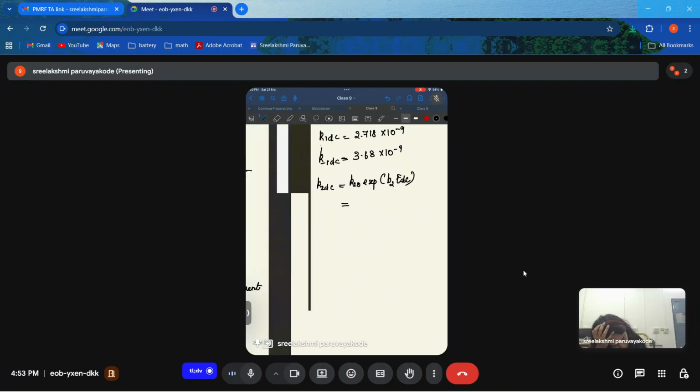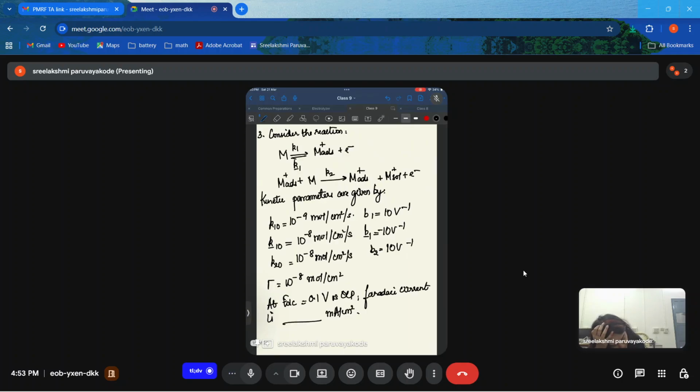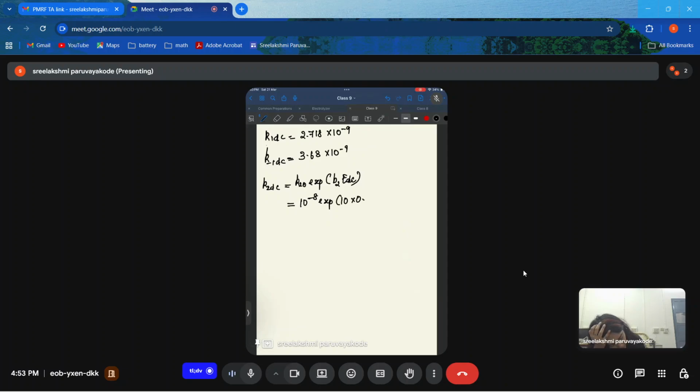So K20 is 10 to the power minus 8, exponential of 10 into 0.1. Sorry, it's wrong. I've made a mistake here in the value. It is exponential of 1, 2.718 into 10 to the power minus 8. This is the value you will get. Now what is the IF value?